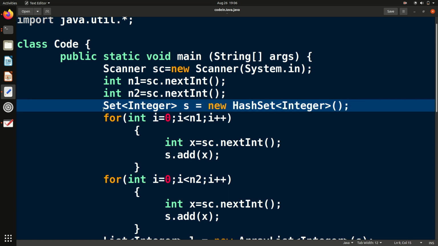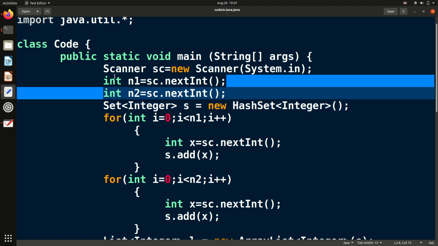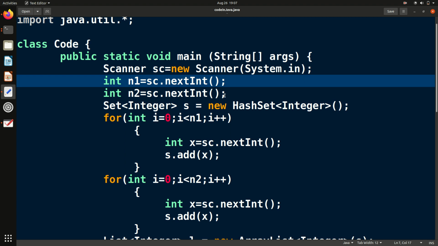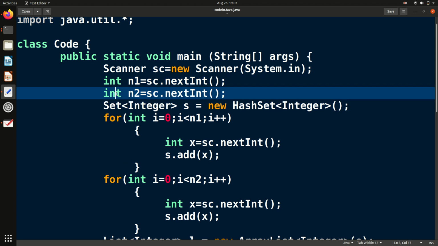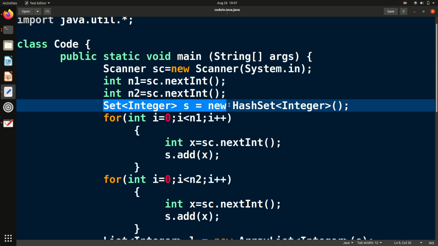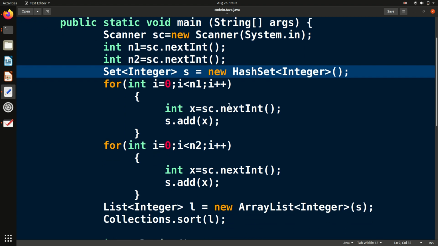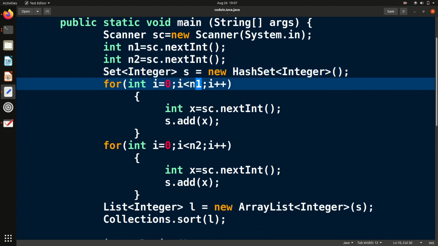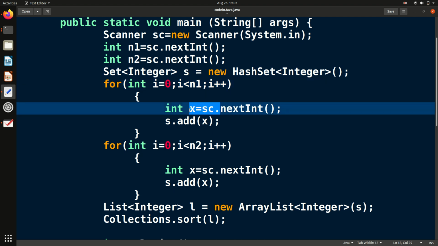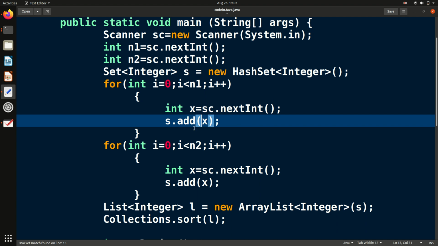Okay, so let us try to understand the code line by line. The first input we will take is n1, the number of points on road A, and n2, the number of points on road B. Declare a set because we want all the numbers to be unique. Now this loop will run n1 times to take all the n1 values. We have taken all the values, add to set.